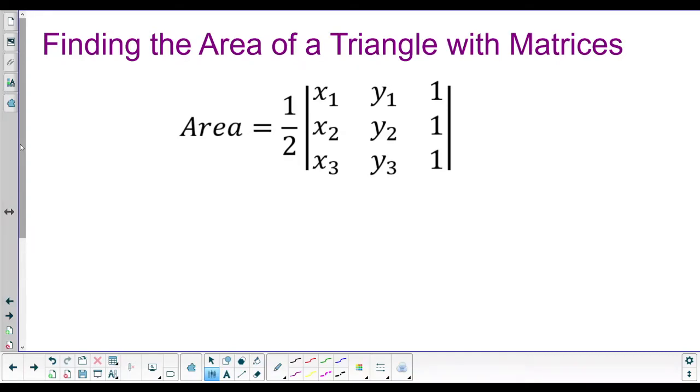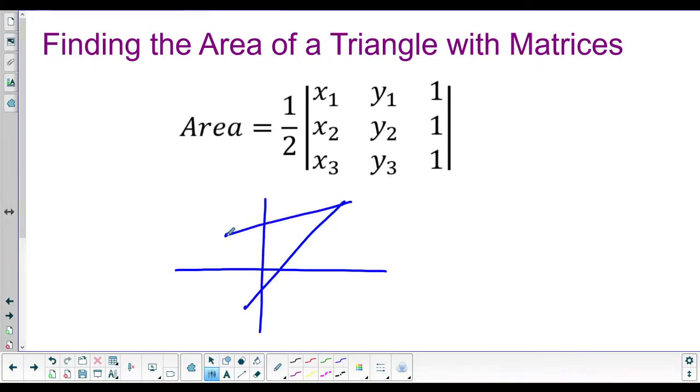Anyway, so if we have a triangle somewhere on the coordinate axes like this, then if we can find its vertices, these 3 corners, and we know the ordered pair for them, it's really easy for us to find the area.